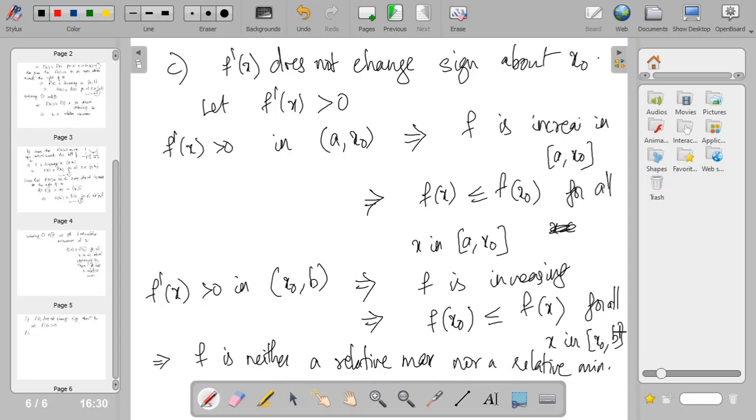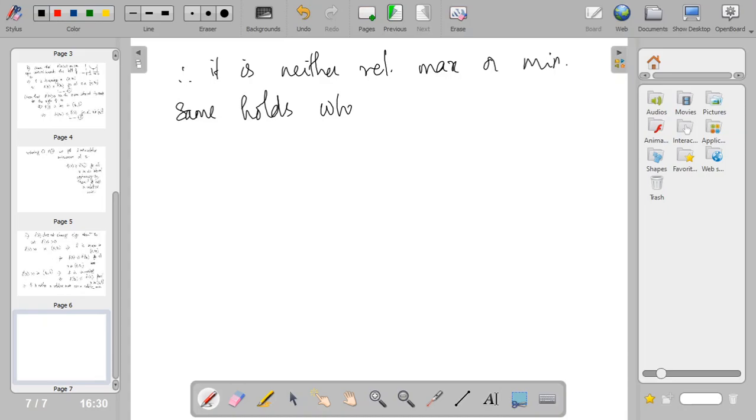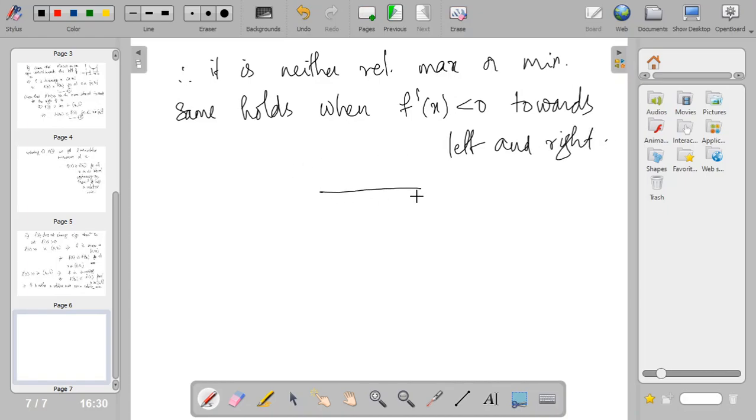Therefore it cannot be a maximum or minimum, and the same holds when f dash of x is less than 0 towards the left and right. So that completes the proof for the first derivative test.